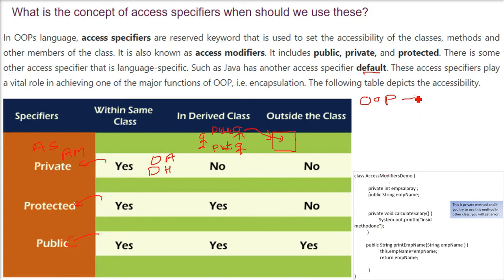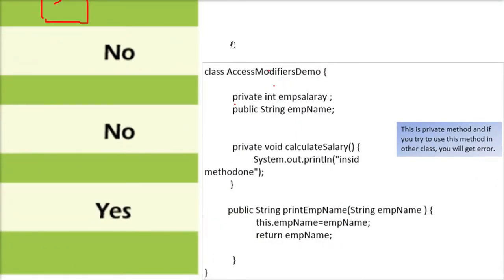Okay, so this is the table where we have shown what happens to private in a derived class and outside the class. Within the same class, private, protected and public are all accessible. In a derived class, only public and protected. Outside the class, only public. See here, this is the class name.